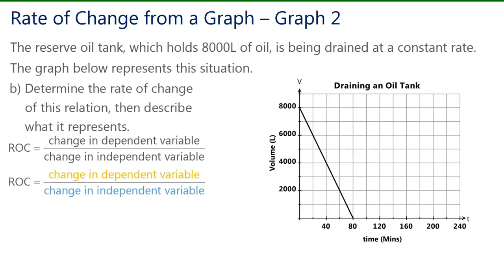Or we could have used these 2 points, where the rate of change is the change in the dependent variable, negative 2,000 liters, divided by the change in the independent variable, which is positive 20 minutes. We have negative 2,000 liters divided by 20 minutes, giving us the same rate of negative 100 liters per minute.